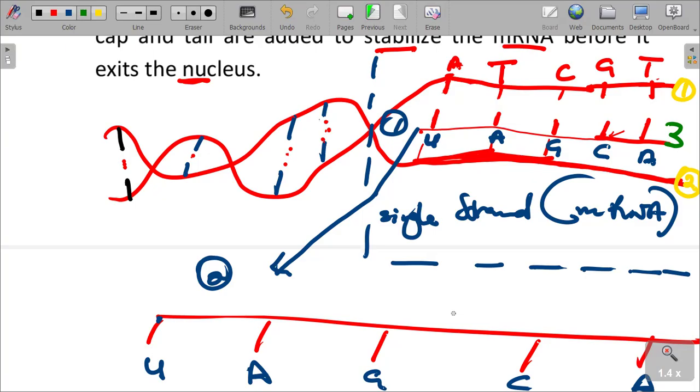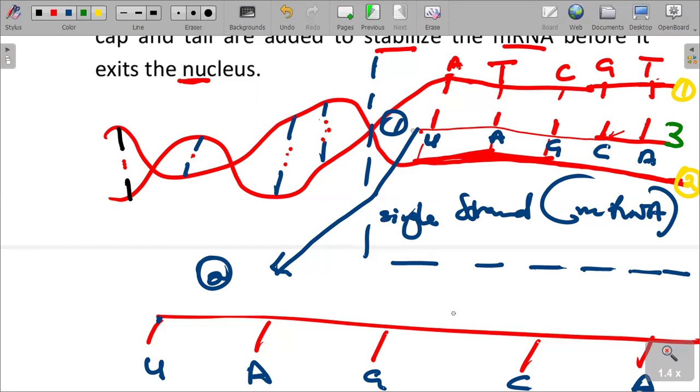So one strand, strand number 1, is used as a template to form a complementary strand, which is mRNA. So mRNA is strand number 3.